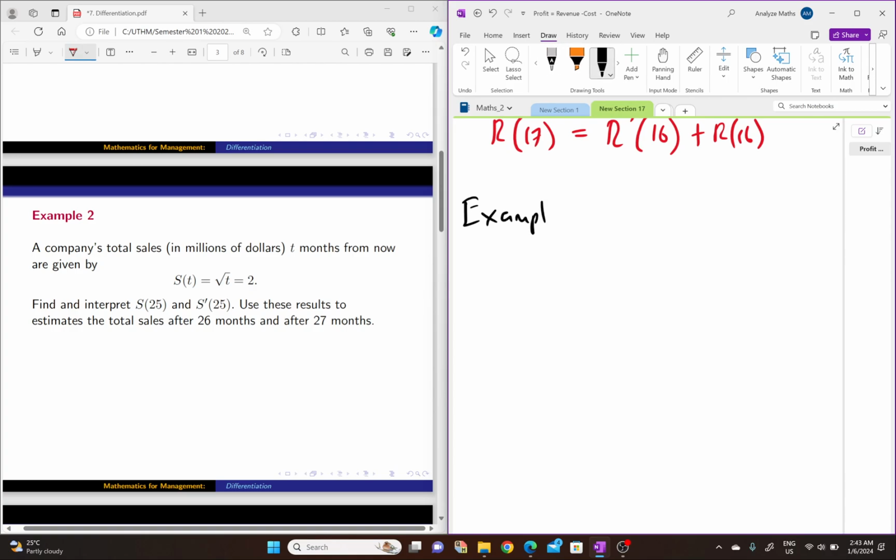Example 2. The company's total sale. This is sale. Find and interpret S25 and S prime 25. There's a typo here.